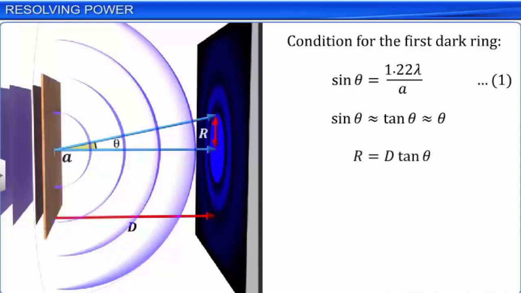Using equation 1, we can rewrite this as r is equal to 1.22 lambda D by A. Let this be equation 2. The diffraction of light by a circular aperture is of great practical importance.